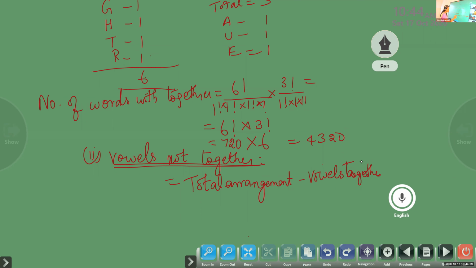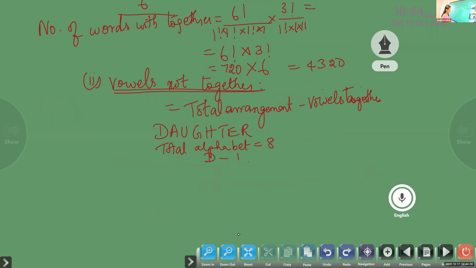So how will you find the total arrangement? The word is given as daughter, isn't it? So how will you find the total arrangement here? What is the total number of alphabets used here? Total alphabets is 8, isn't it? If you take the alphabet D, it occurs once.